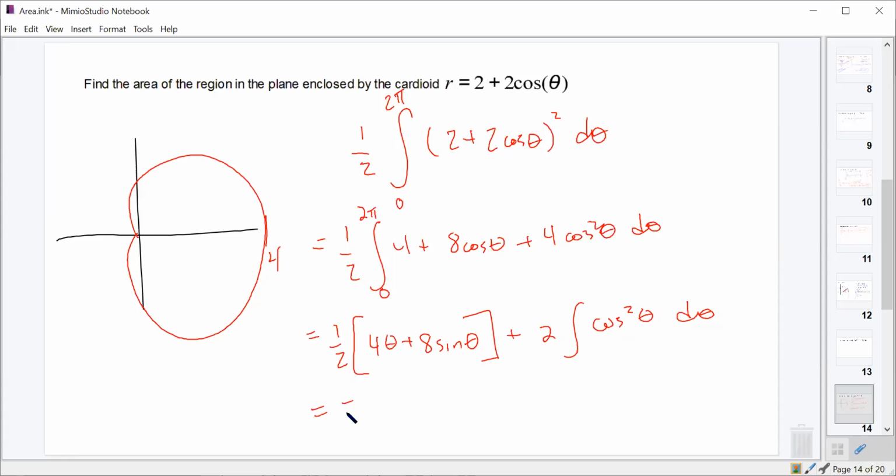So this becomes 2 theta plus 4 sine theta plus, and then cosine squared theta is going to become 1/2 of 1 plus cosine 2 theta. So we'll turn that into just an integral of 1 plus cosine 2 theta, since there's already a 2 out in front of it.